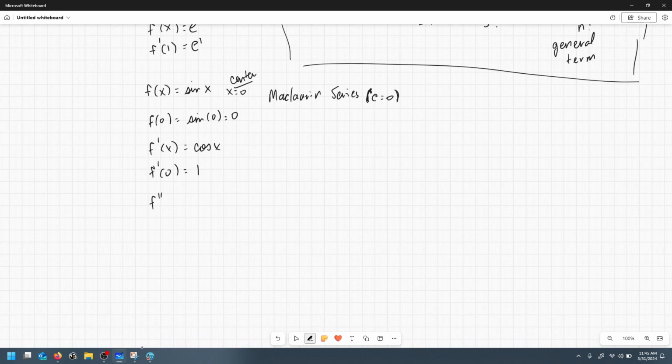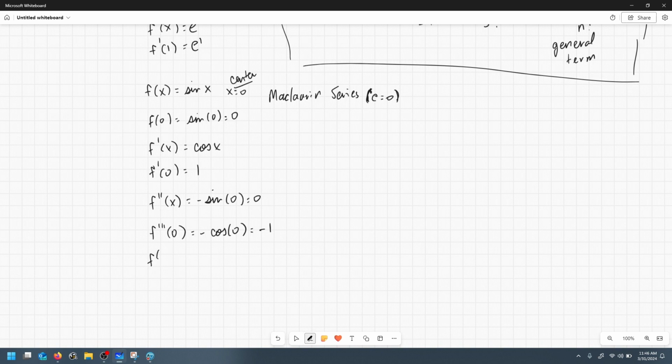Now, the second derivative is going to be negative sine of x, but I plug in 0 to that, which gives me 0. My third derivative, I should be saying 0 here, sorry, is negative cosine of x, which is negative cosine of 0, which is negative 1. We can keep going.